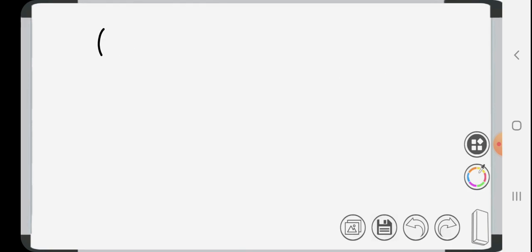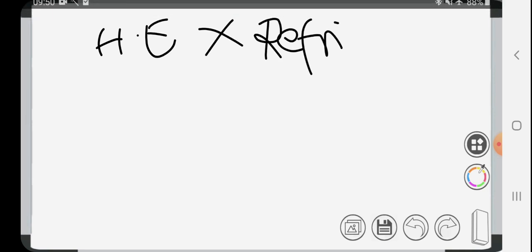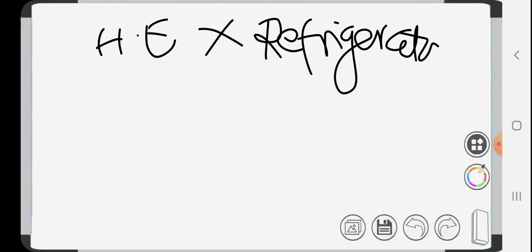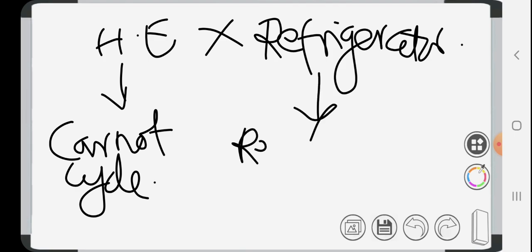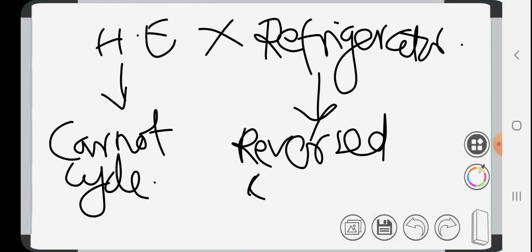Therefore, a heat engine is opposite to a refrigerator, right? Since a heat engine works based on the Carnot cycle, the basic cycle which yields maximum efficiency, the refrigerator must work on what? A reversed Carnot cycle, right? Reversed Carnot.